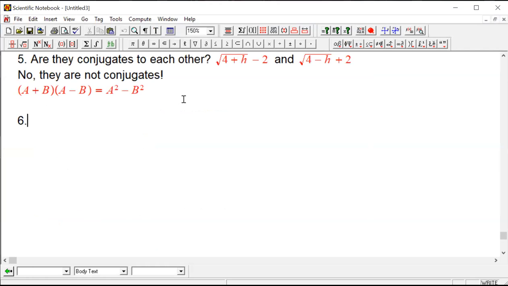Number 6. f of x, this is your homework question, isn't it? x raised to the power 3 plus x. Is it even?